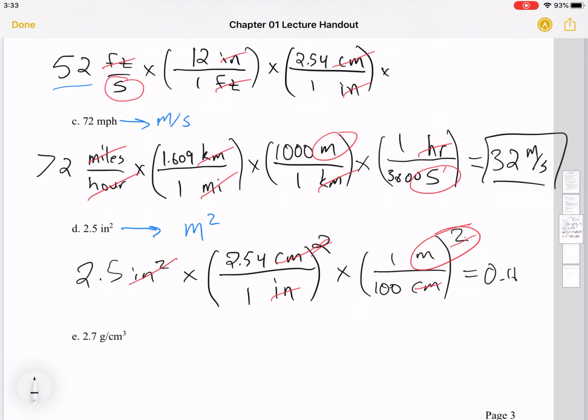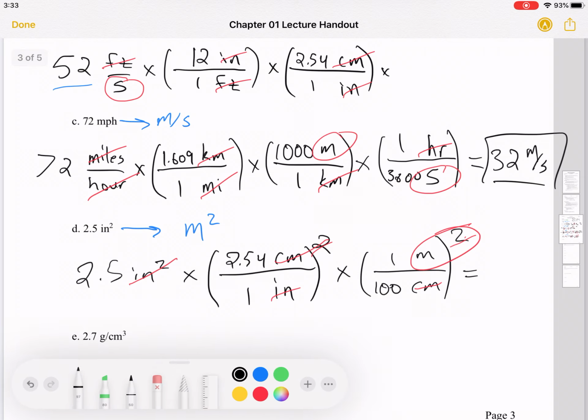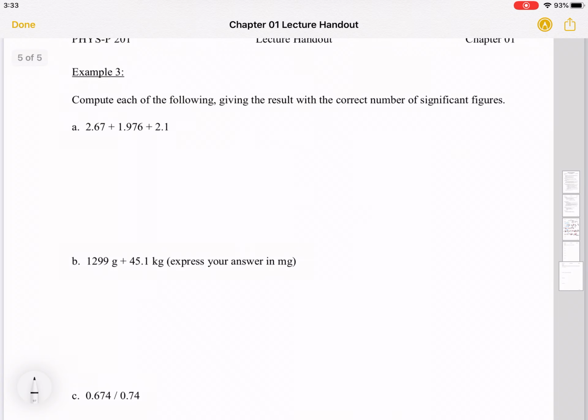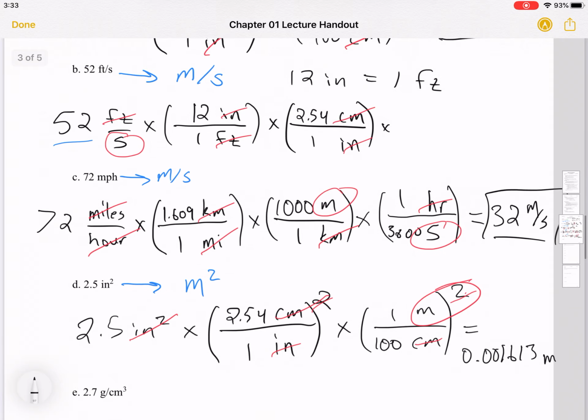0.001613. Oops, that doesn't look very nice. I'll write it below it a little bit. 0.001613 square meters. Square meters, please.